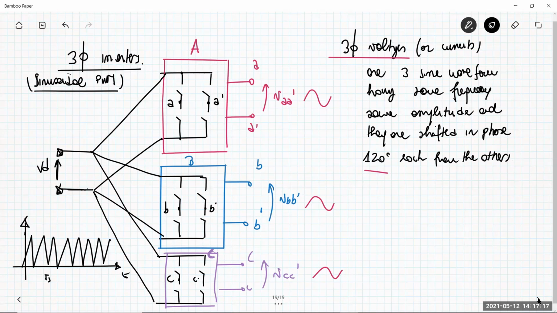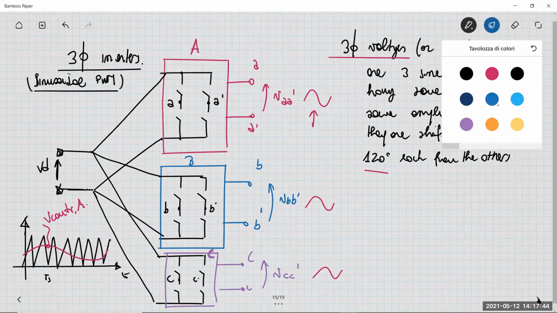Then I have a control voltage for the inverter A. Okay, this is the control voltage V control A. And so on the comparison between this control voltage and the triangular waveform, I'm able to generate this output voltage here, VA prime.